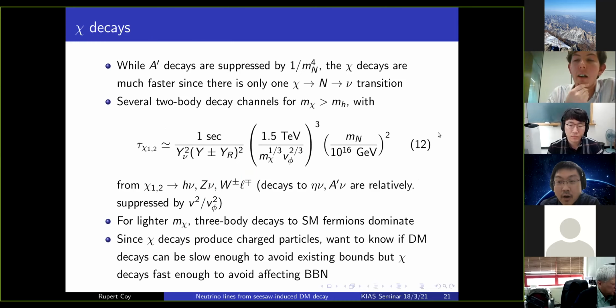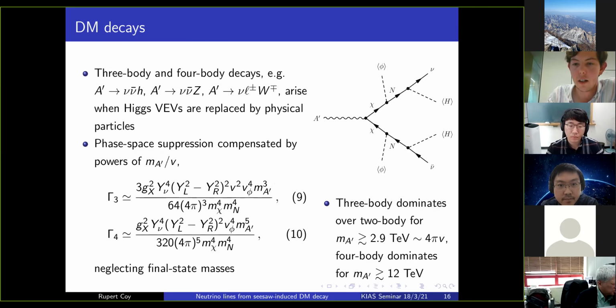No. Maybe I should have explained this more carefully. The key difference is that in the A prime decay, as you see in this tree-level diagram, you have two lots of chi to neutrino mixing, each giving a 1 on mn.